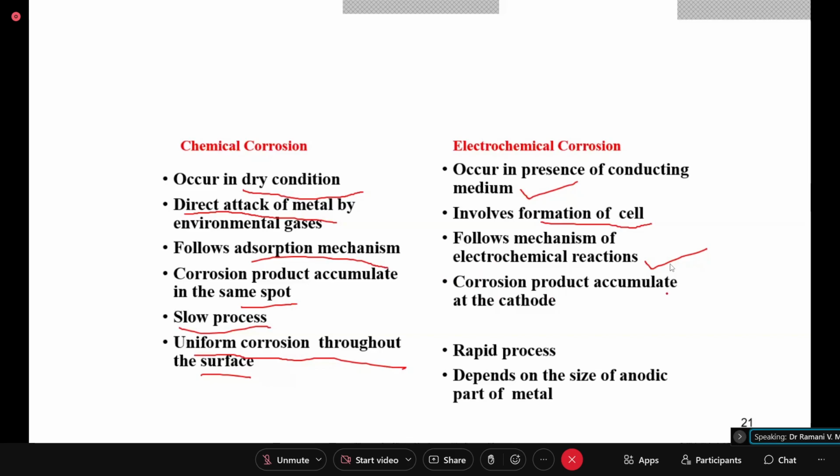Then the corrosion product accumulates at the cathode. This one is a rapid process, whereas the other is slow. It depends on the size of the anodic part of the metal. The smaller the anodic area, the more intense the corrosion will be, and such pits will go on forming.